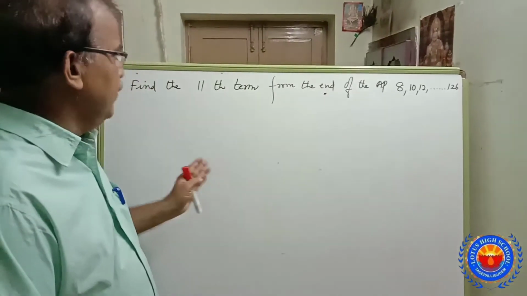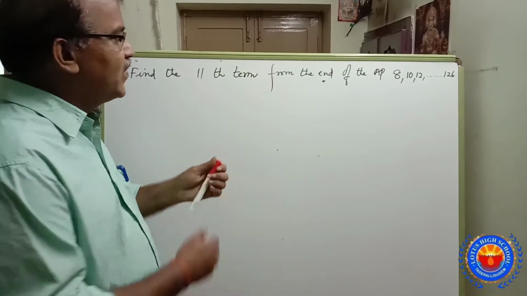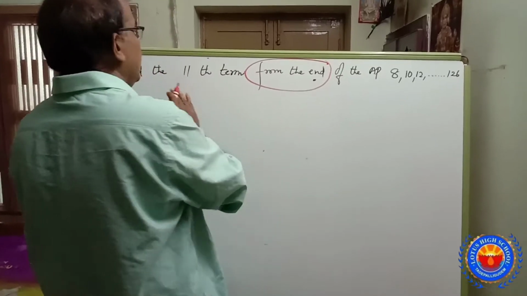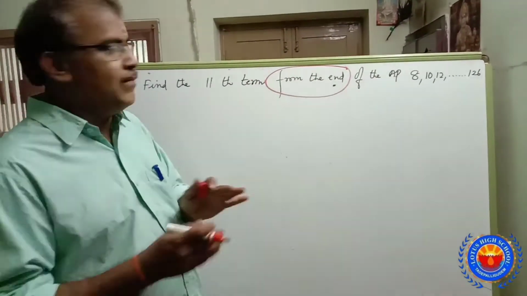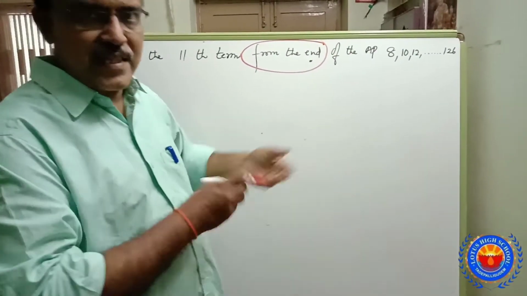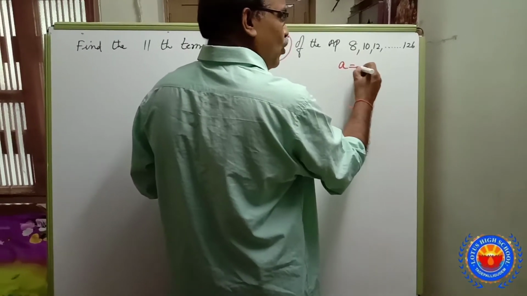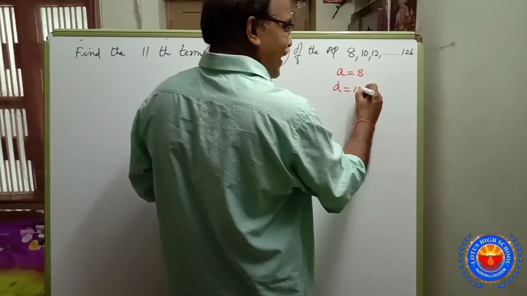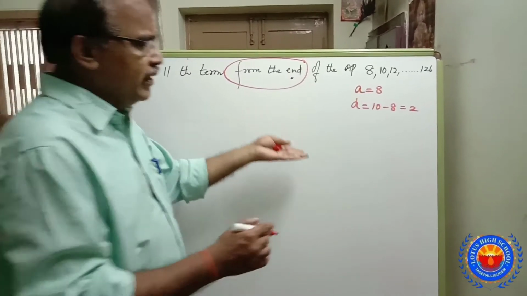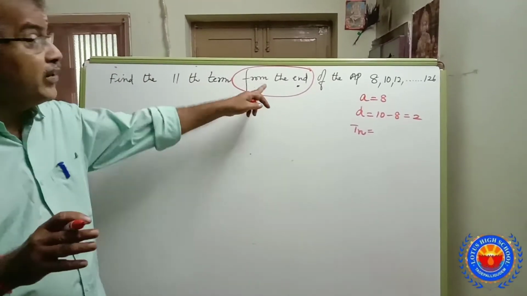One sum: find the 11th term from the end. This phrase, from the end, is very important. If from the end is not there in this sum, and it says find the 11th term of the AP, you can do it like the previous sum. In that case a is equal to 8, and d is equal to 10 minus 8, which is 2, and we can use the Tn formula a plus n minus 1 into d.